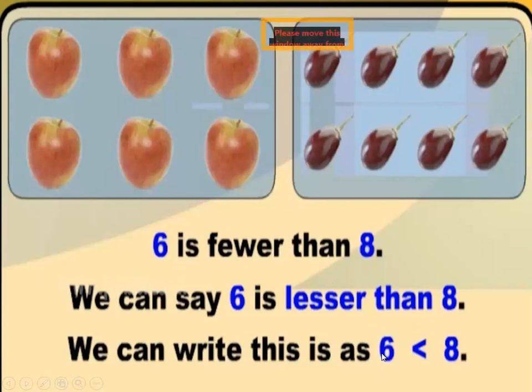Where we see the fewer or lesser number, we close the crocodile mouth, and at the greater number, we open the crocodile mouth. So we can say 6 is lesser than 8, and we write 6 less than 8.